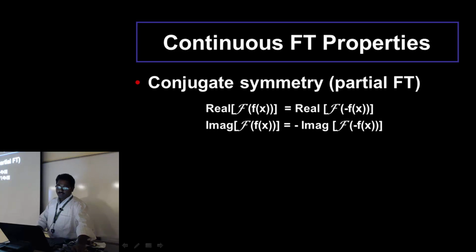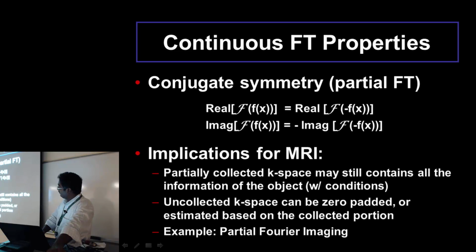And then this is the symmetry property of the Fourier transform. If your object is perfectly real, then the real part of the Fourier transform has this symmetry property, and the imaginary part has this one. You could use this property if the data more or less satisfies the condition that your signal is mostly real and doesn't have any phase component.